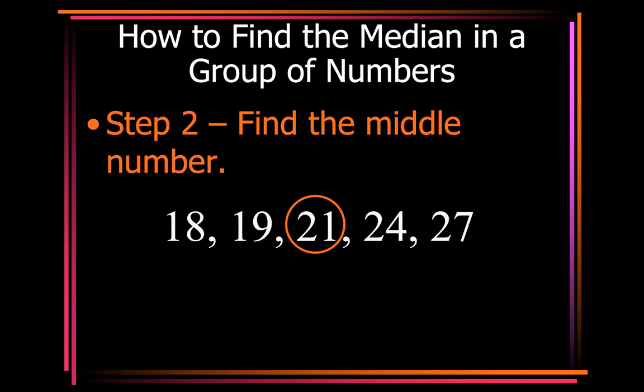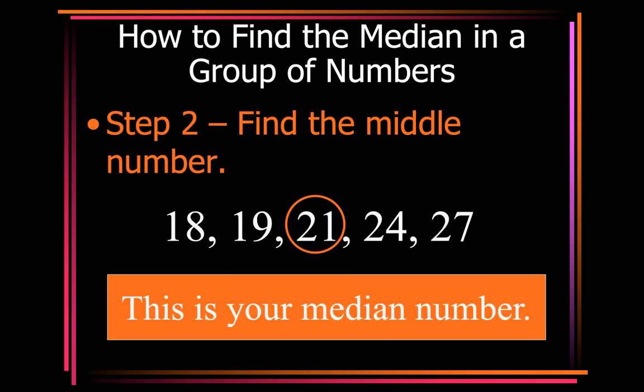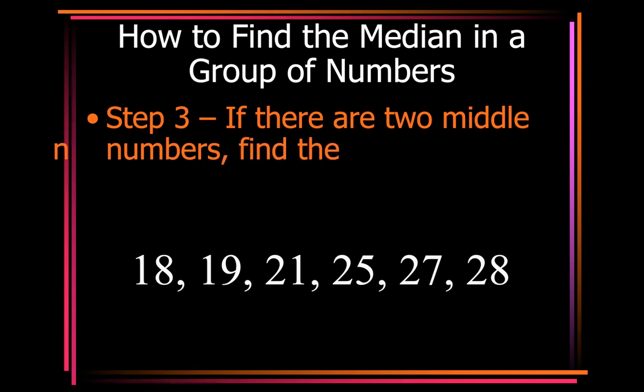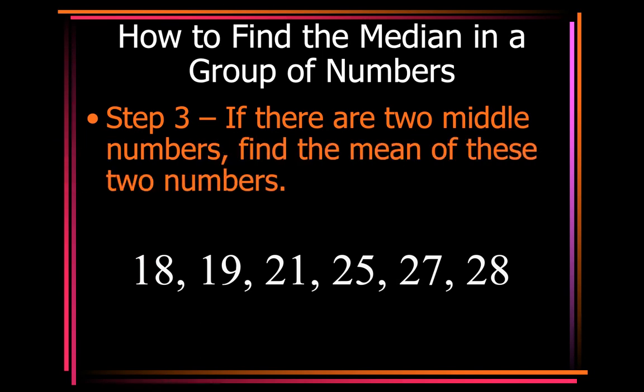Some of you might be sitting there going, well, what happens if you don't have an odd number of numbers? You have an even number. Then there's no real middle number, right? It's true. So what happens in that case? Well, if there are 2 middle numbers, you find the mean of those 2 numbers. So you're going to find the average. So in this case, there's 6 numbers, 18, 19, 21, 25, 27, and 28.